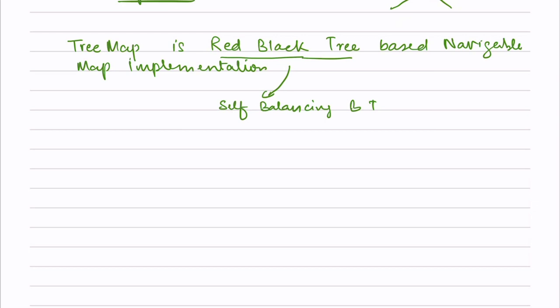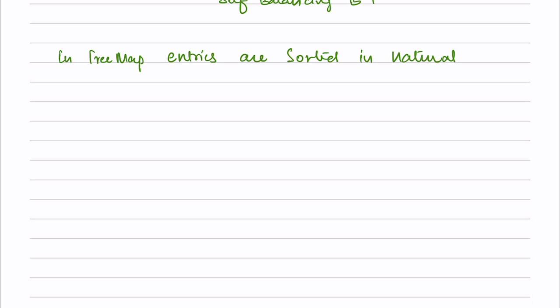Now what is the property of TreeMap? In TreeMap, the entries which you enter, key and value, are sorted in natural ordering of its keys.